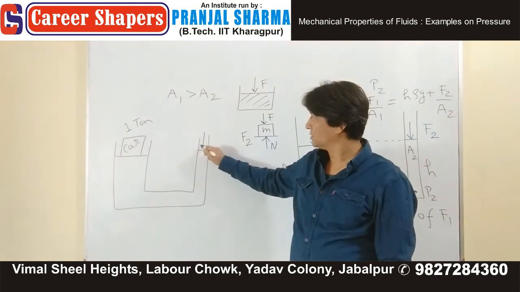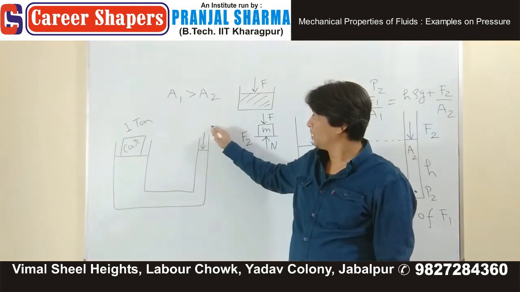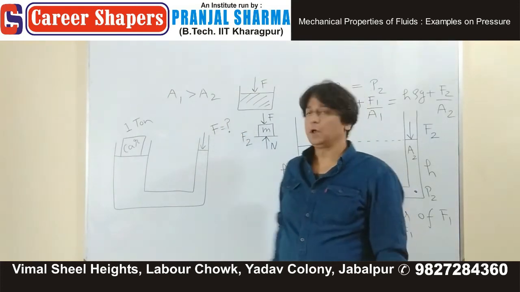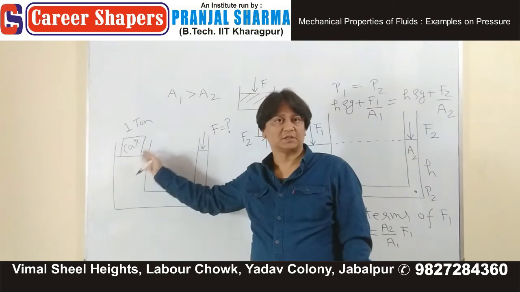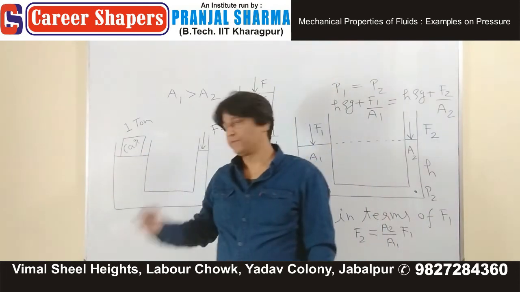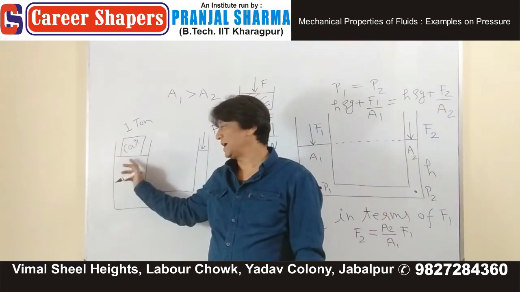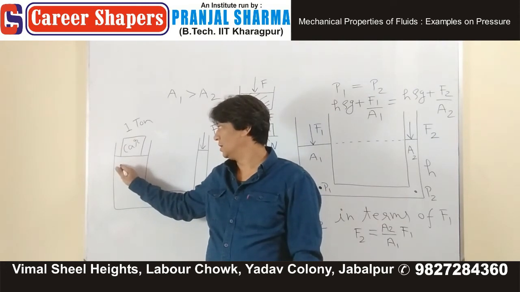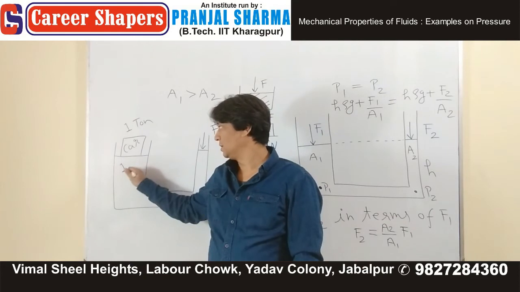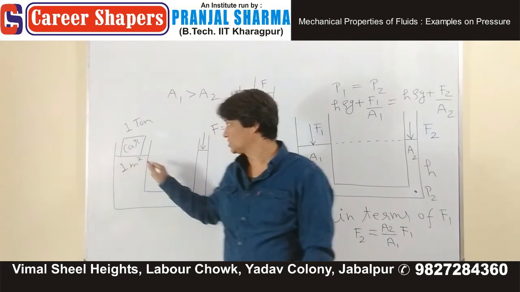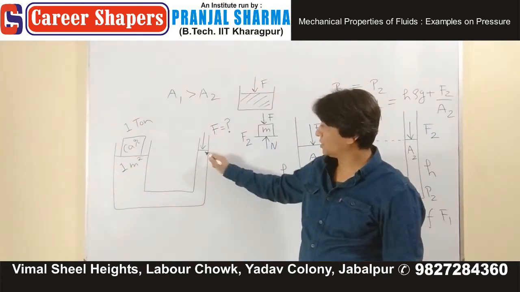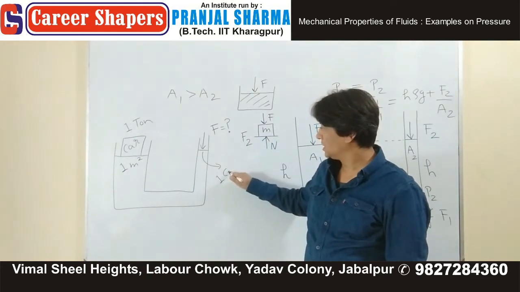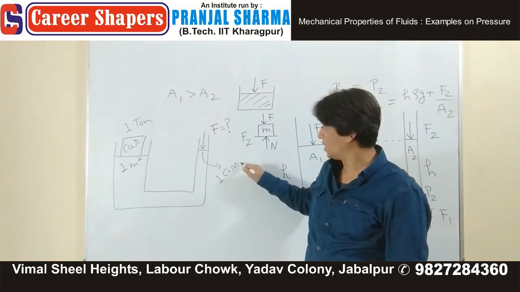Question is, by using what force we can balance this car if cross-sectional area of this side is 1 meter square and cross-sectional area of this side is 1 centimeter square.